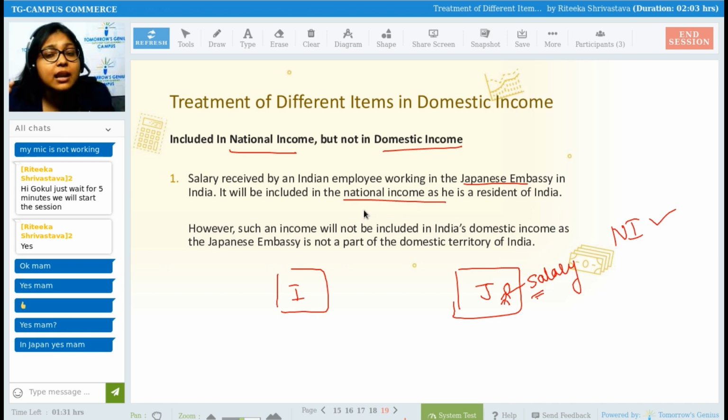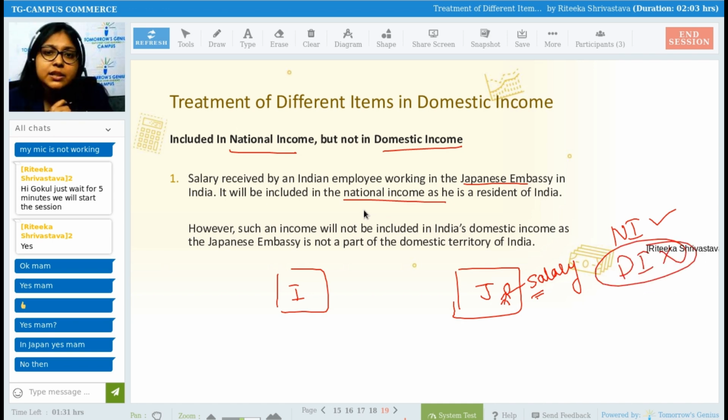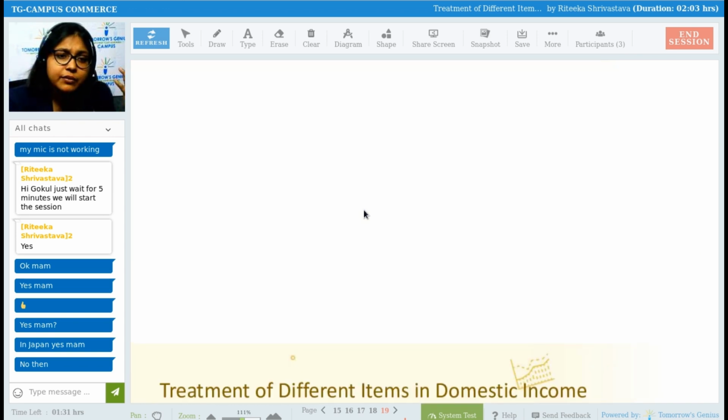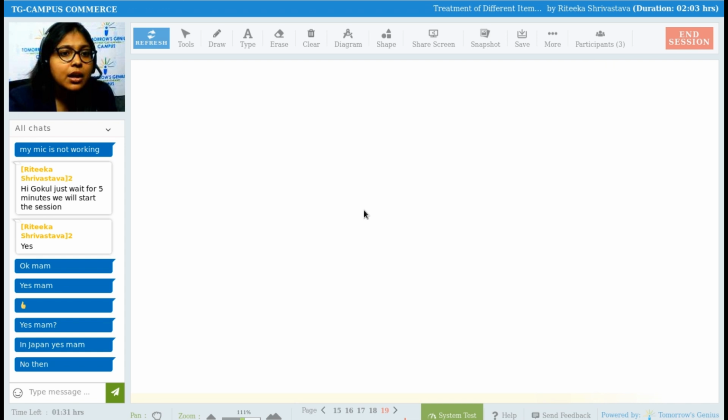We always consider ourselves as India. We are India. Is this person receiving the salary within our domestic country, within India? No. So he will not come under domestic income. He comes under national income, but not under domestic income. Understand the meaning of national income and domestic income. Very simple. I'll explain it in very simple language.